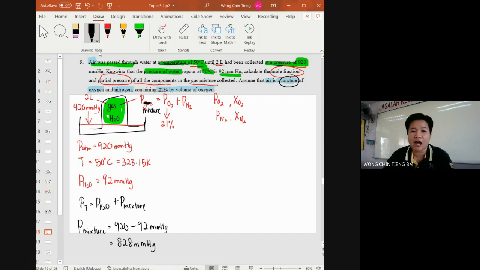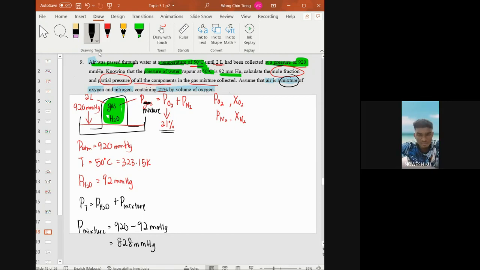Soalan tanya partial pressure of oxygen and partial pressure of nitrogen gas. Di mana we know 21% of the gas is oxygen. How do you find partial pressure? Kamu kira macam mana? 21 over 100 times 828. Yes.